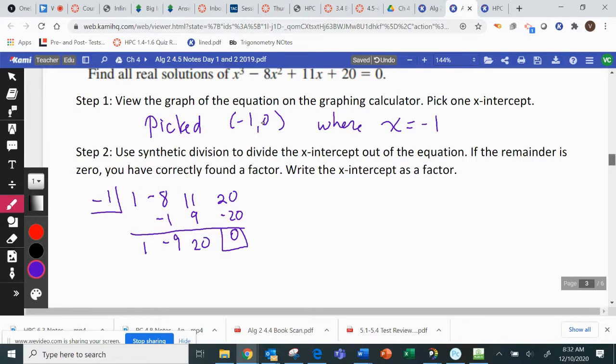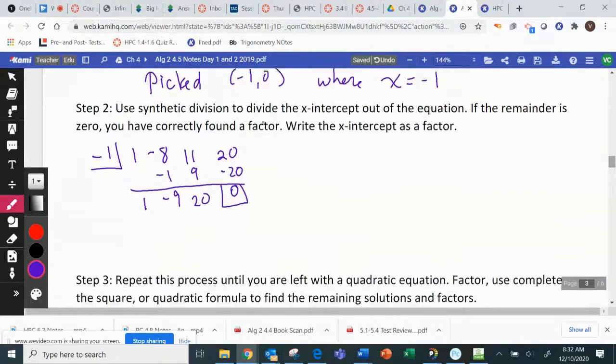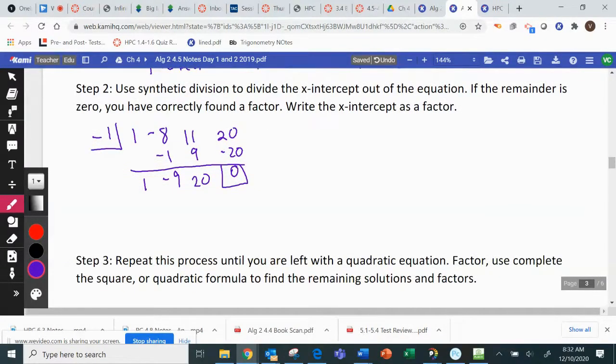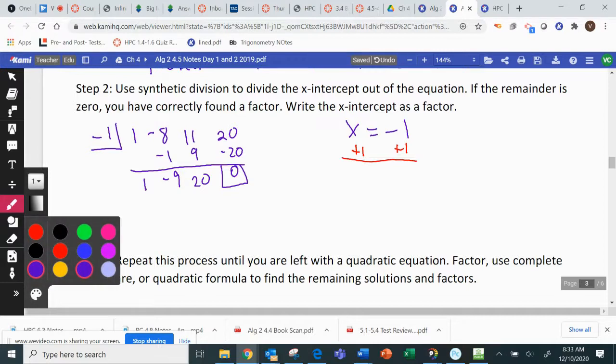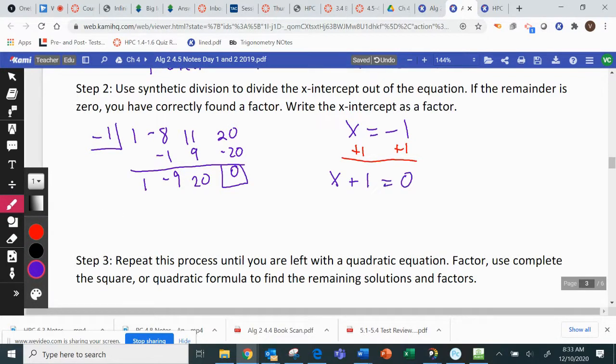It says write the x-intercept as a factor. So my x-intercept was x equals -1. We're going to write that as a factor. We're going to do backwards what we did when we were finding the x-intercept from an equation. So I'm going to add 1 to both sides of this equation, and I'm going to get x plus 1 equals 0.